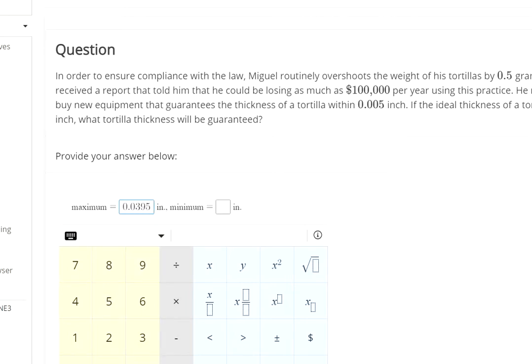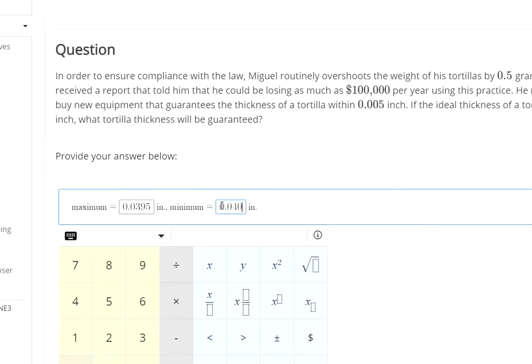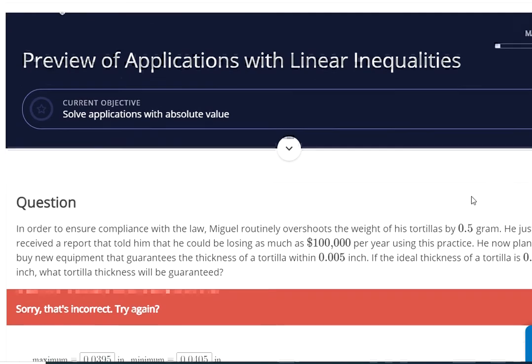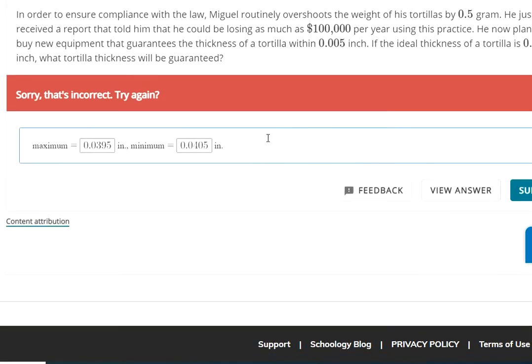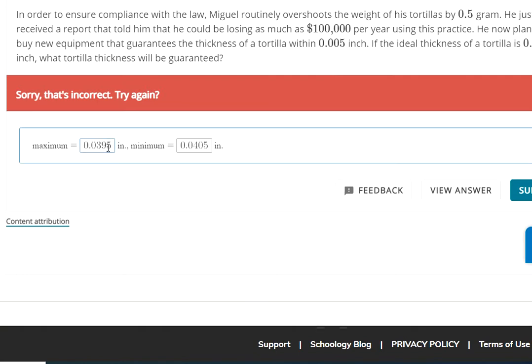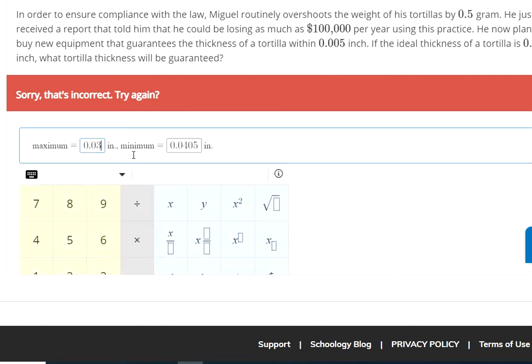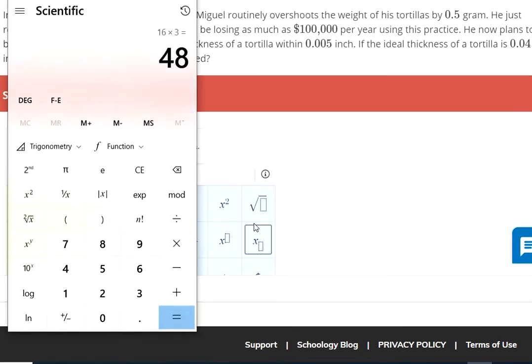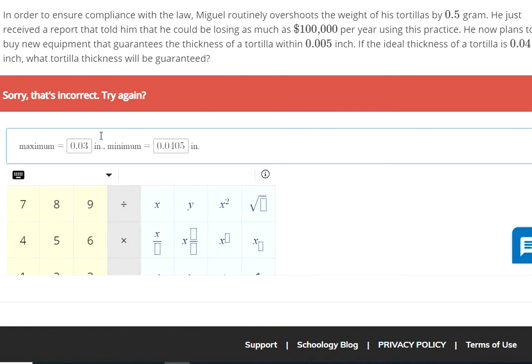0.0395. What's that, the first one? Yeah, and then the second one. 0.005. Did I do that right? Oh, no. It's because I can't do math. If I actually whipped out my calculator here and did this the right way, 0.04 subtracted by 0.005, that should be 0.035.